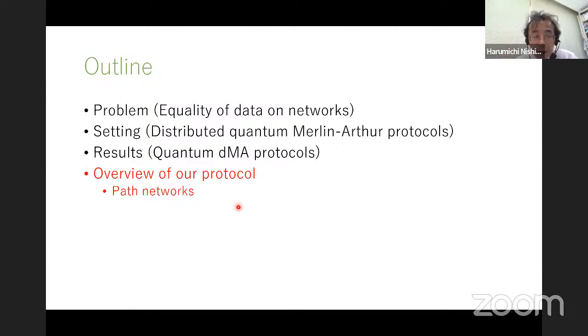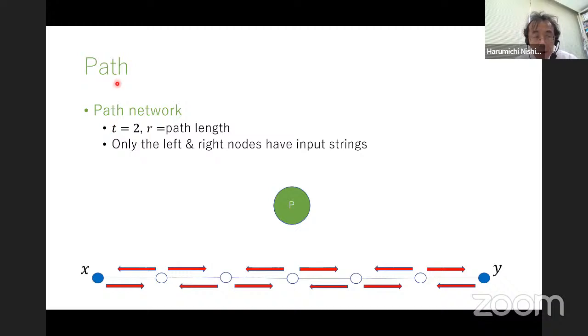Now I move to an overview of our protocol. In fact, the important part of our protocol is the case where the network is a path. A path is a very simple network.